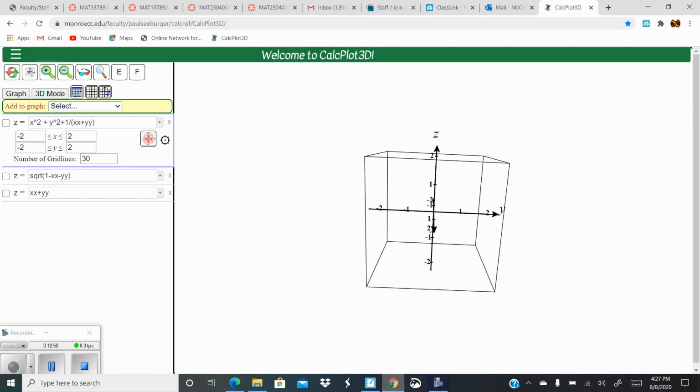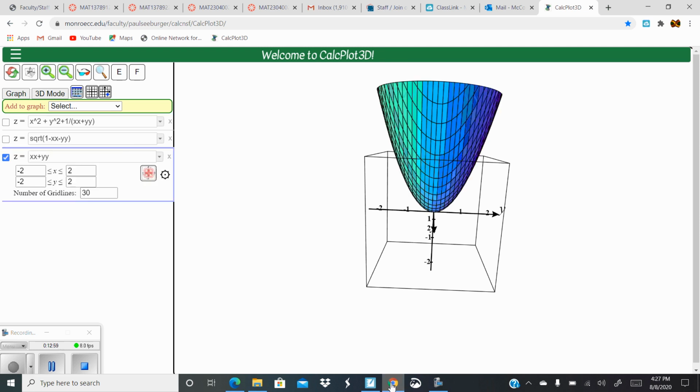All right, so as promised, here is my CalcPlot 3D. I'm going to open up x squared plus y squared, which is the bottom one here on the left. And there it is. That is the graph of f of x,y equals x squared plus y squared. Now, it's not real interesting to look at in this form, so I'm going to move it so we can tilt it.